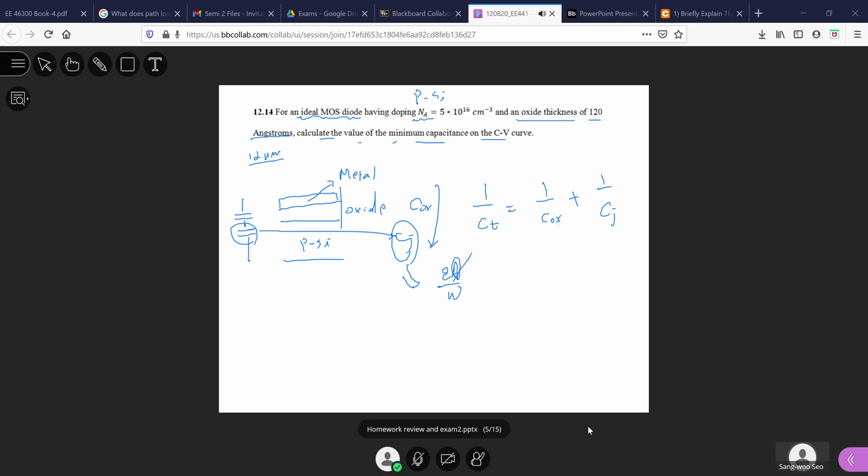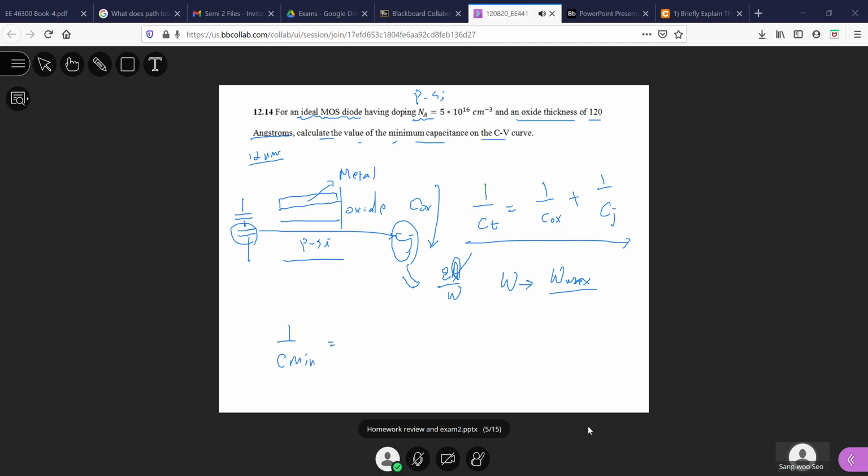From this equation we can calculate the total capacitance. The minimum capacitance happens when W goes to W max. So from there, if you calculate this, C minimum.